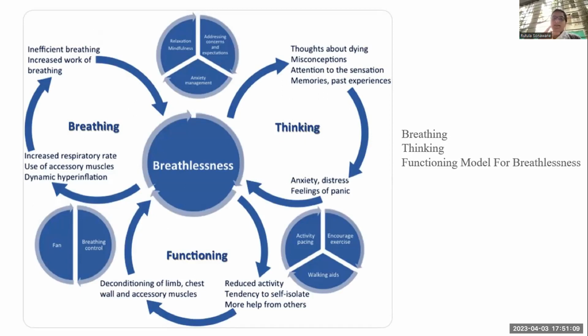So what it suggests is that because of the breathing patterns, because of the thoughts, and because of our functionality, everything has a reason for increased breathlessness. So in breathing pattern, because there is inefficient breathing, there is increased work of breathing, which leads to increased respiratory rate and use of accessory muscles, which leads to breathlessness.